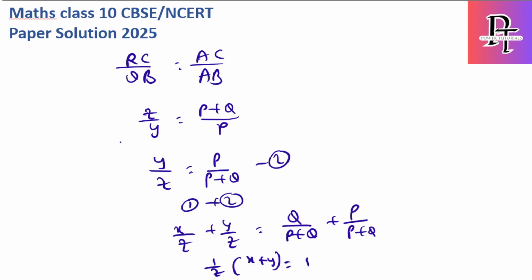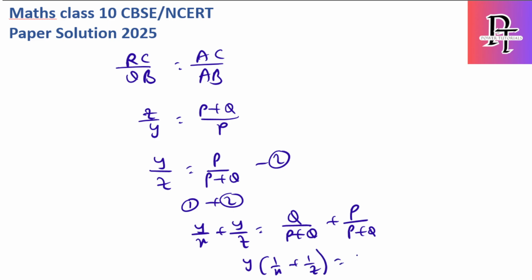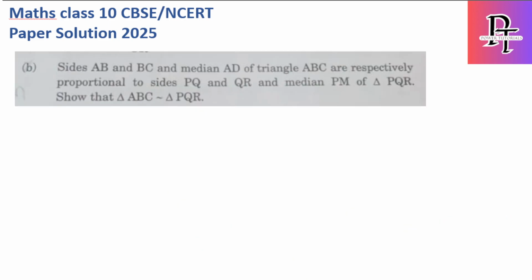Okay, this is wrong. This is y by x plus y by z. Okay, so if I take y as common, this becomes 1 by x plus 1 by z is equal to 1. So simply if I move y to the other side, I will get 1 by x plus 1 by z is equal to 1 by y. Hence proved.